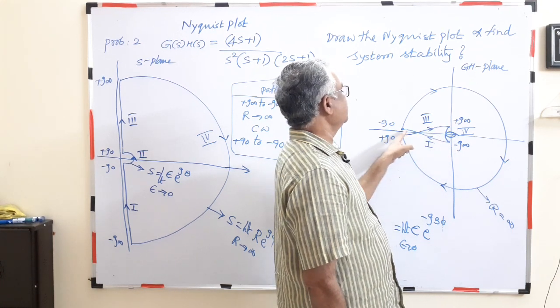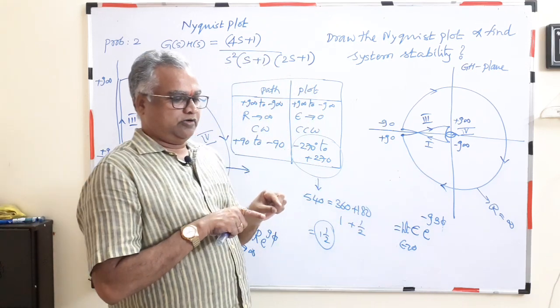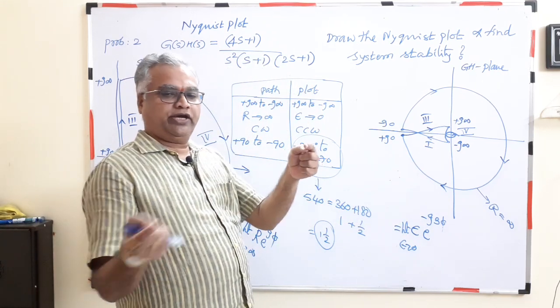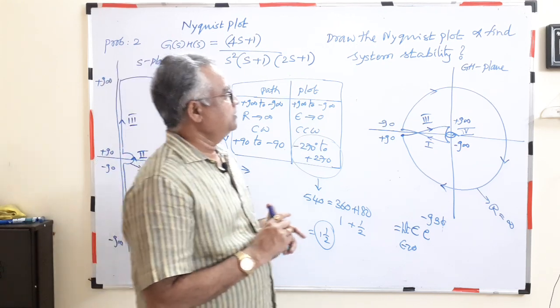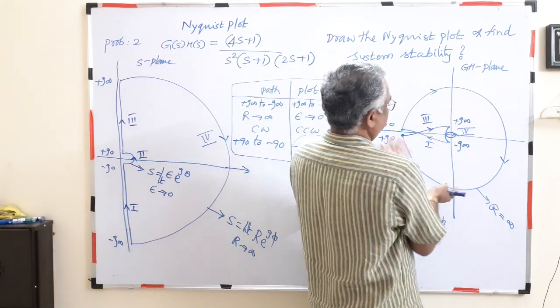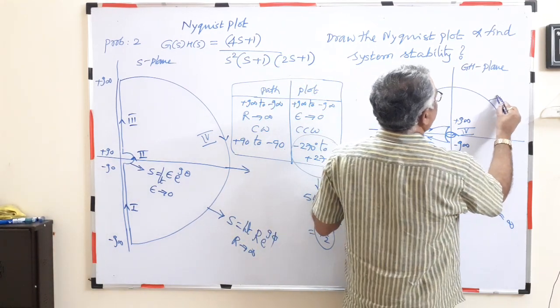Observe the arrow directions. There should not be any contradiction. If up to one place one arrow goes and another comes in the opposite direction, something is wrong. So you get some beautiful shape. This is the Nyquist plot.